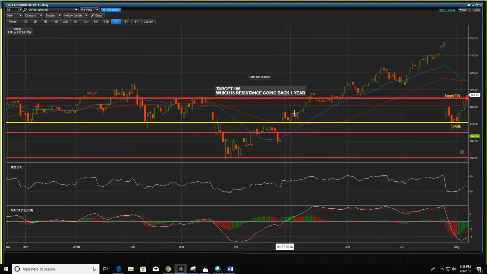So here was a drop from Facebook. The stock had a significant drop. As you guys remember, the stock dropped around 25-26% from all the way up around $220 a share, and it ended up dropping down to around 166, 165. All right, so as you can see here, this was a perfect example of a hook pattern setup.